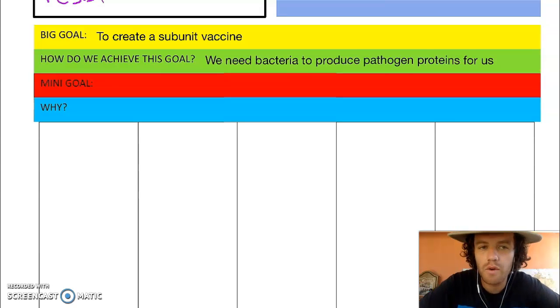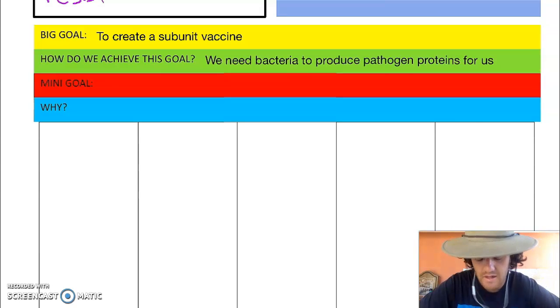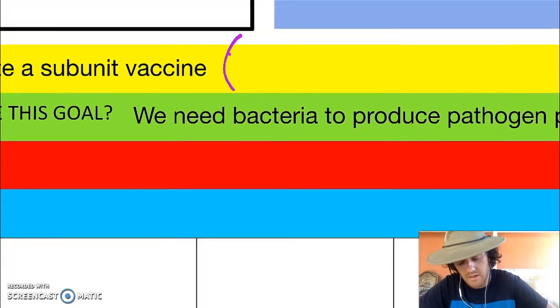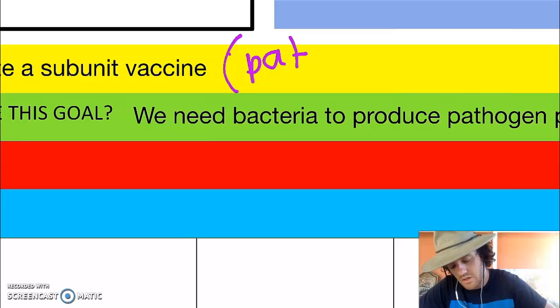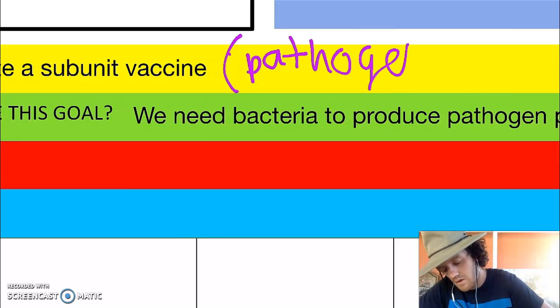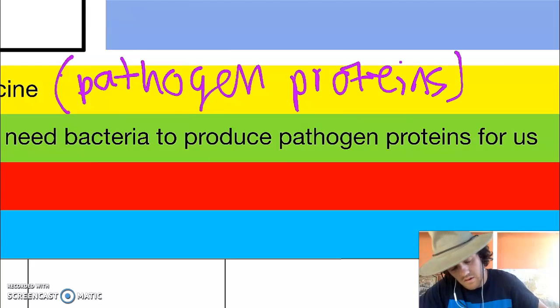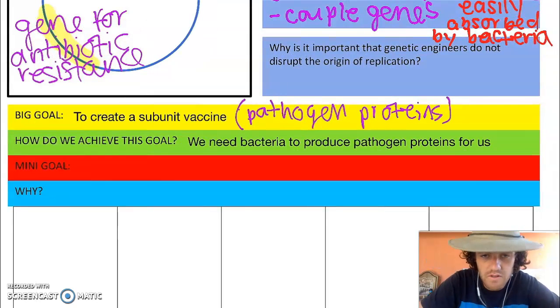So our big goal is going to be to create a subunit vaccine. Now you should recall that all the subunit vaccine is, is its pathogen proteins. So how do we achieve this goal? We need bacteria to produce pathogen proteins for us.